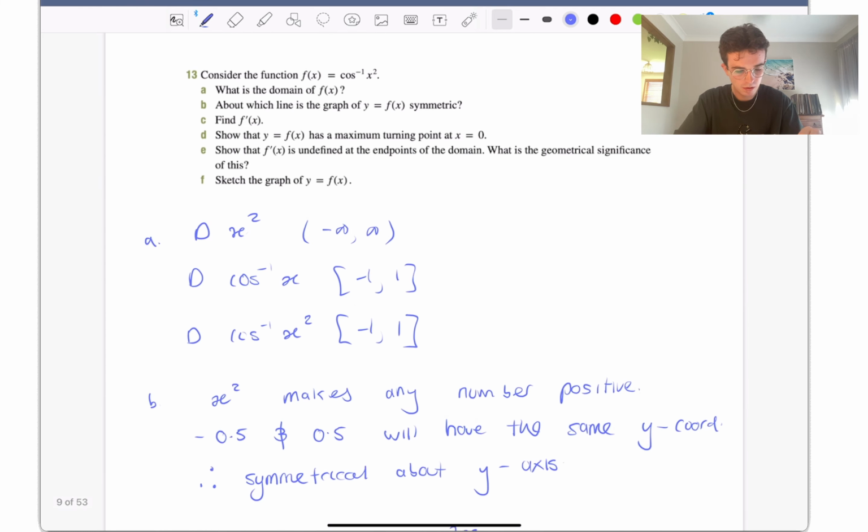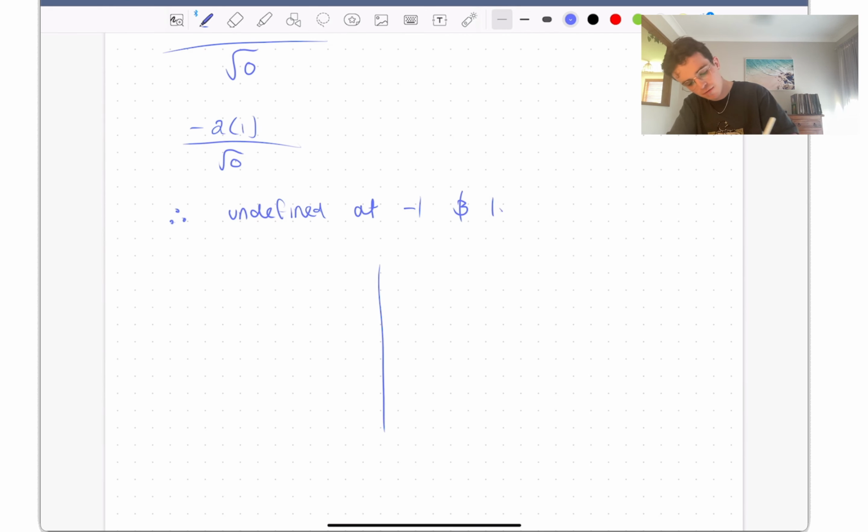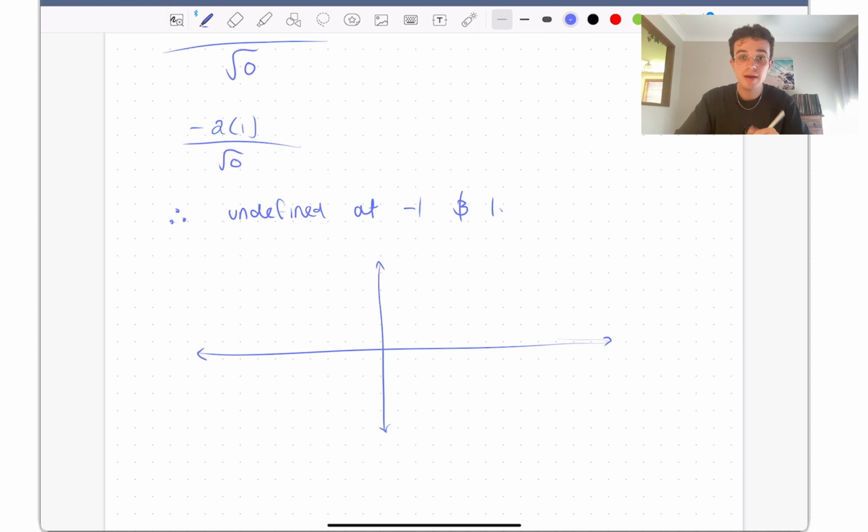Alright. Now I've got to sketch that graph there. So a few things we've decided about this graph. Number one is that it's symmetrical about the y-axis. And we've also decided that it has a maximum turning point at x is equal to 0 on that y-axis.